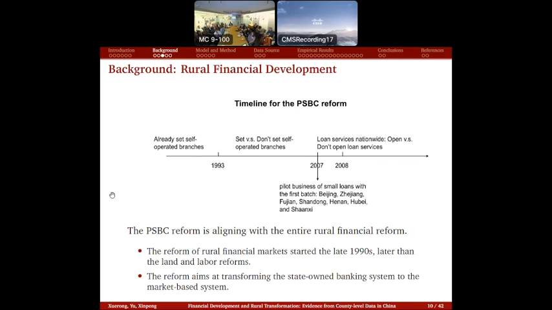We choose these reforms because we think that the reform of the rural financial markets, the same as the PSBC reform, starts in the late 1990s, which is later than the land and labor reform. Also, the reform is about transforming the system to a more market-based system.